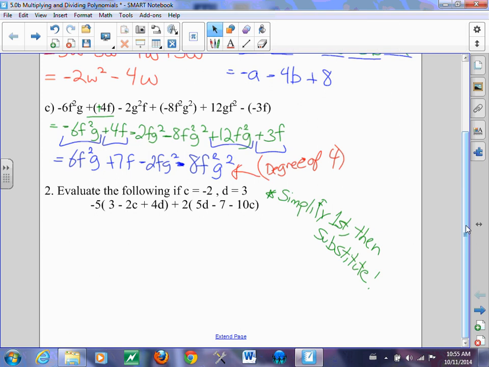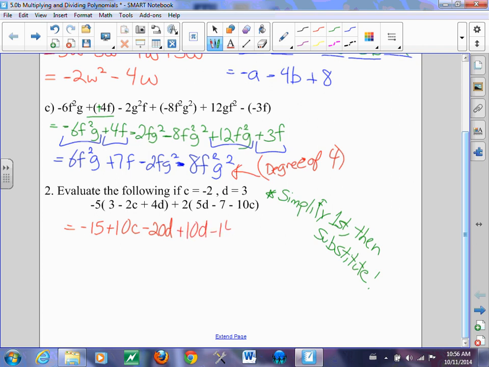Okay, so let's do some distributive law first. We've got -15 plus 10C minus 20D. That's the first distributive law. Now the second one's going to be plus 10D minus 14 minus 20C.